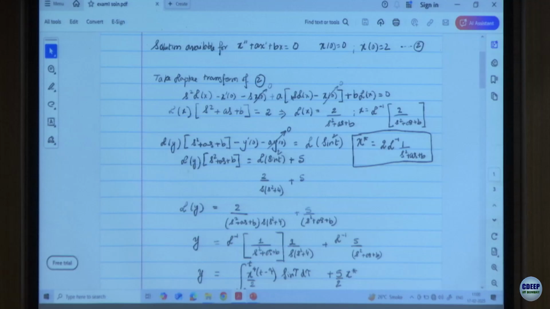That's what we have said so many times, that the initial or the boundary conditions have to be put after the final solution is obtained, when you are using the complementary function plus particular integral type of a solution. In here, when you use the Laplace transform approach, the initial or the boundary conditions are inbuilt into the process itself. Okay.